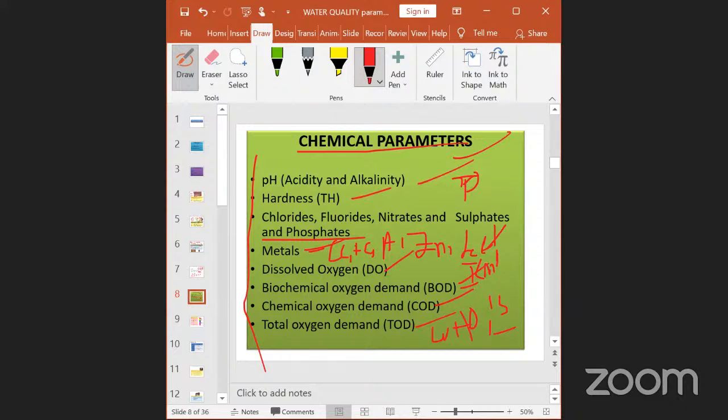These are the standards we are using for the chemical parameters.